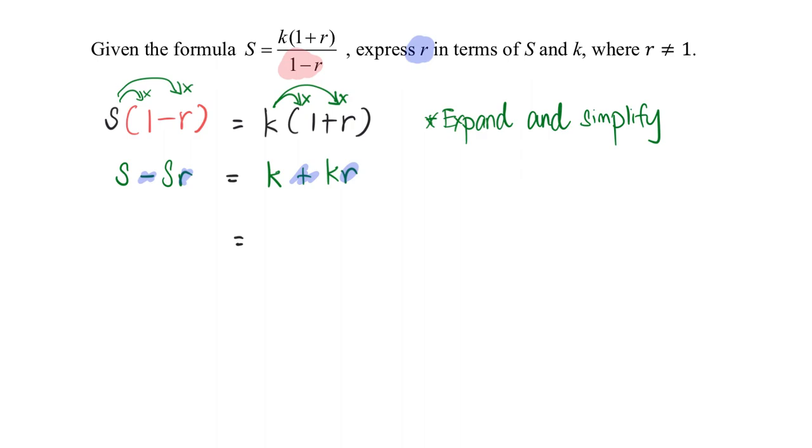You will see that I will have my KR plus SR. For the other side, I still have my S. This one has no R. I also have my K here, so I'm going to minus K on both sides. So this is what you will see.